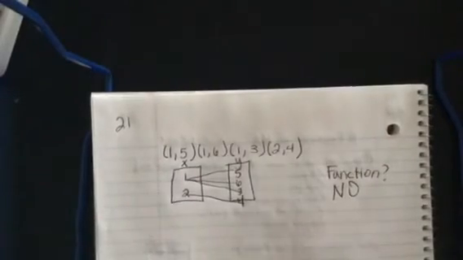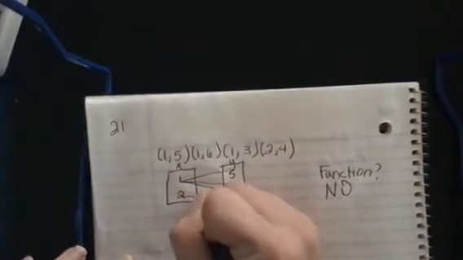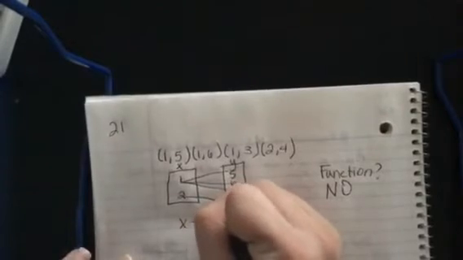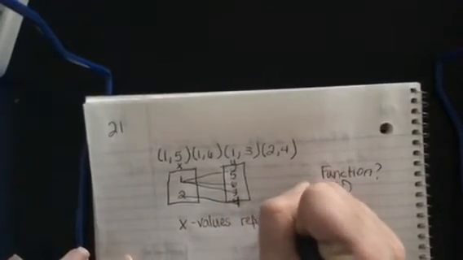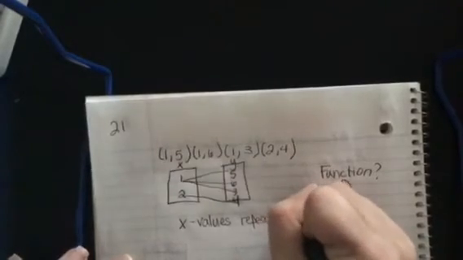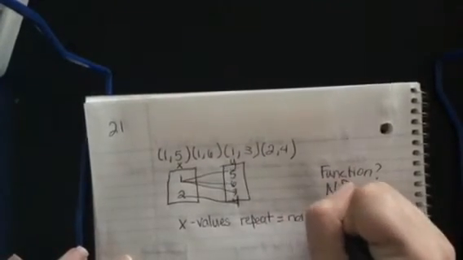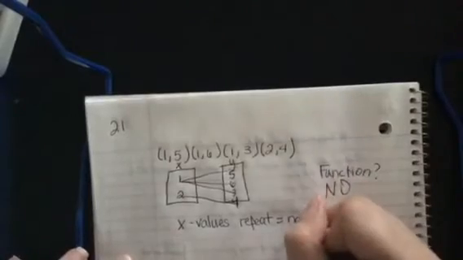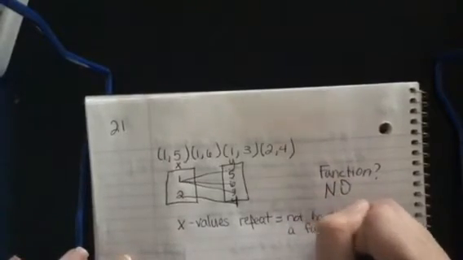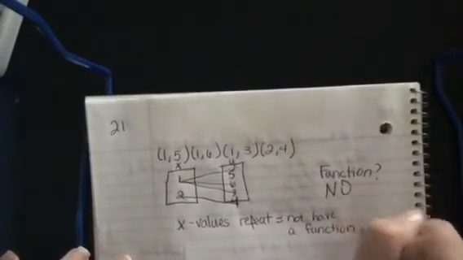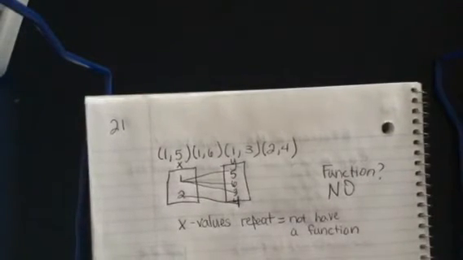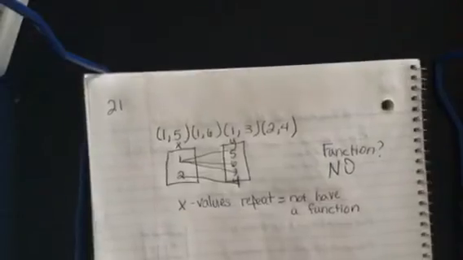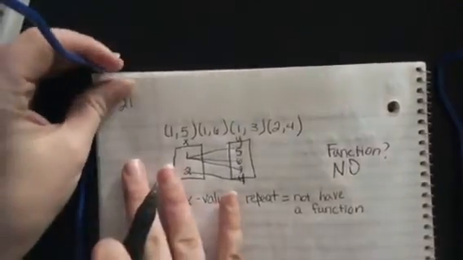Because our x values repeat. And when our x values repeat, we do not have a function. When our x values repeat, there is no function.